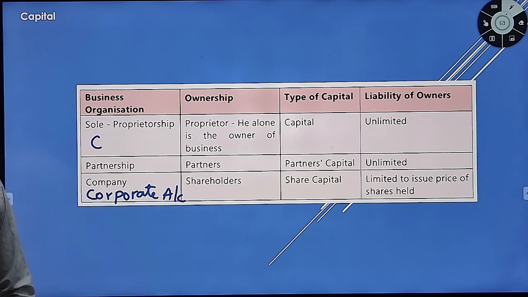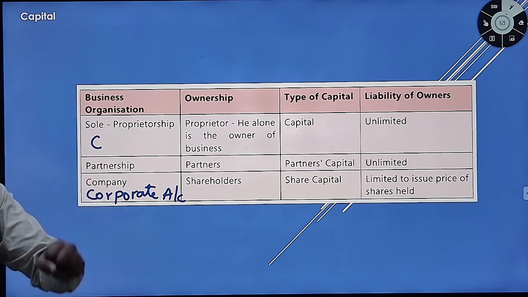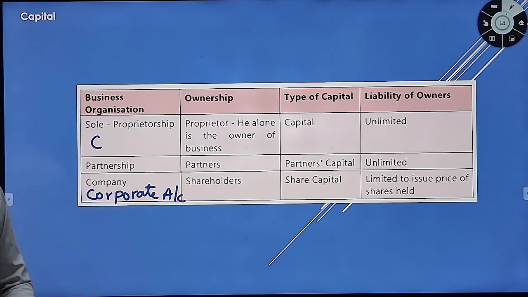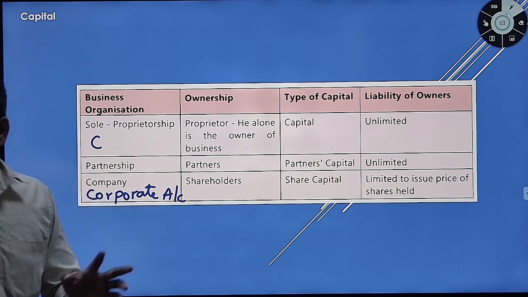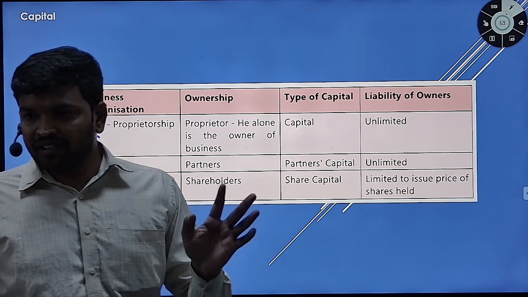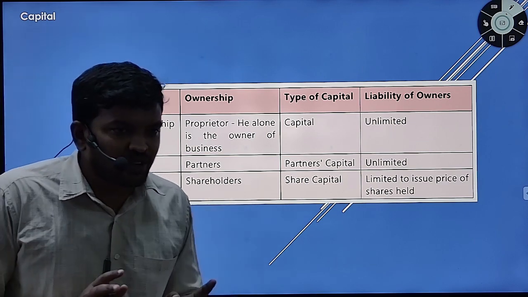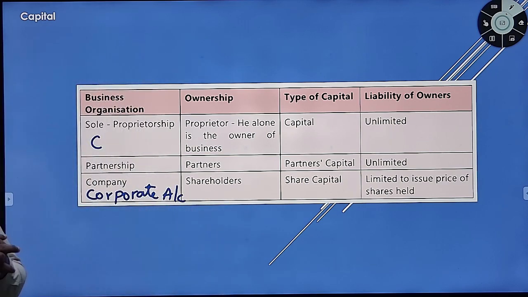Whatever is happening in the company, you have to record, which is called journal. Then classify, which is called ledger. You might have the idea of this journal and ledger, right? And then summarize in a trial balance.